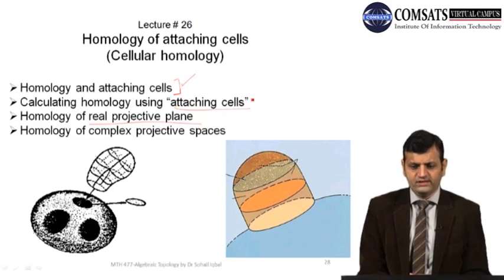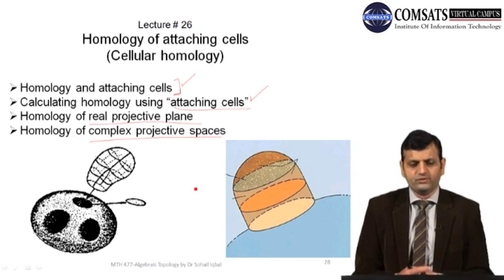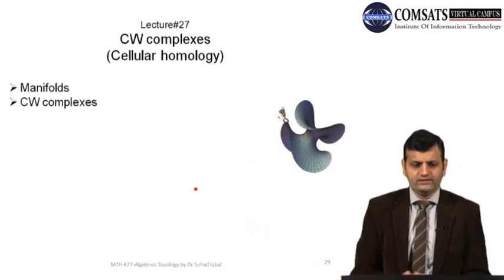Using this idea we can calculate the homology of the real projective plane, and then we can also calculate the homology of complex projective spaces. Once again, as I told you earlier, this operation of attaching cells gives me a powerful tool for calculating homology. Moving on to lecture number 27, we discussed what manifolds are, and we also discussed what CW complexes are.